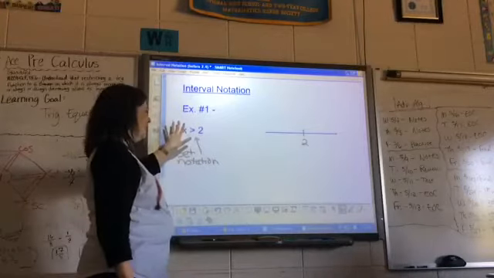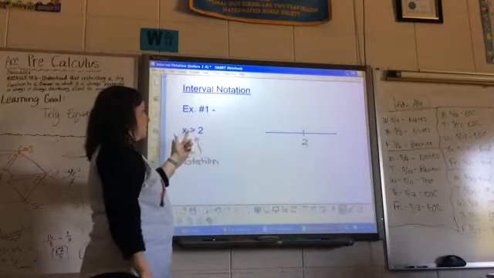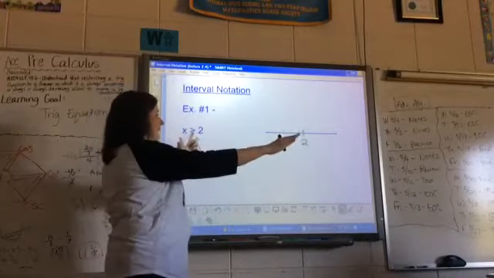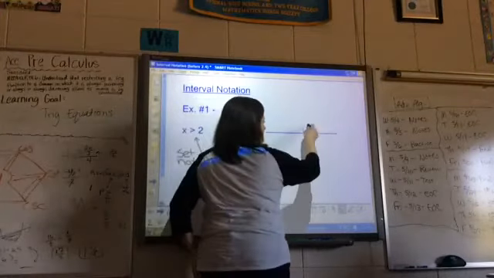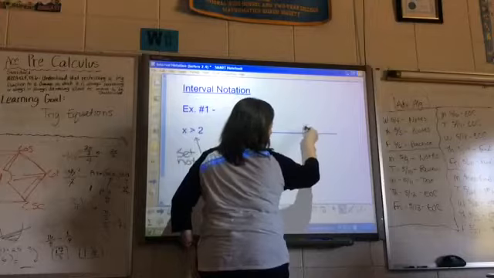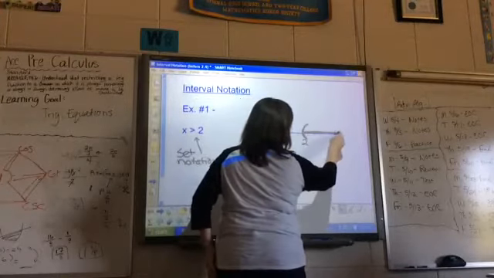As long as your X is the first thing you see, you go in the direction of the point. So if I was shading here, I'd be shading to the right of 2, starting at 2 and to the right. So my parentheses is going to open in that direction. That's a parentheses, and I'm shading forever that way.